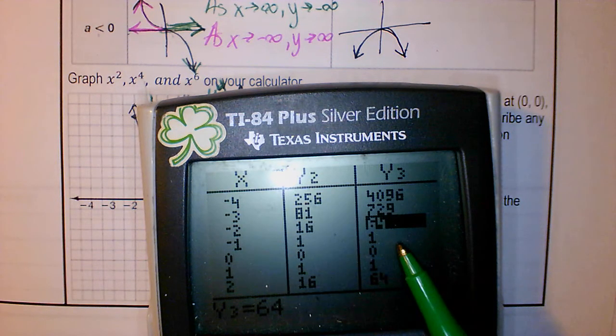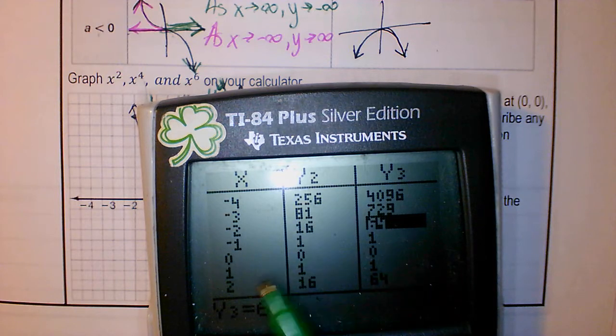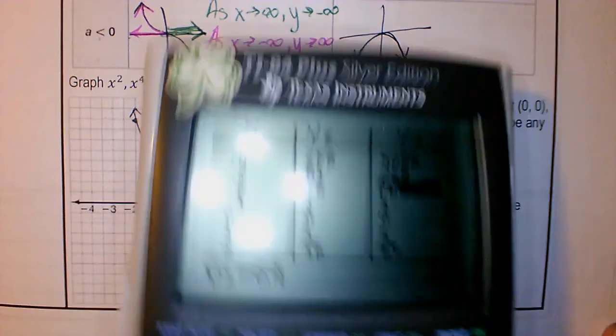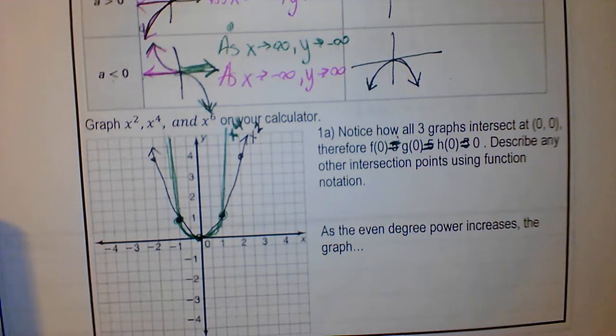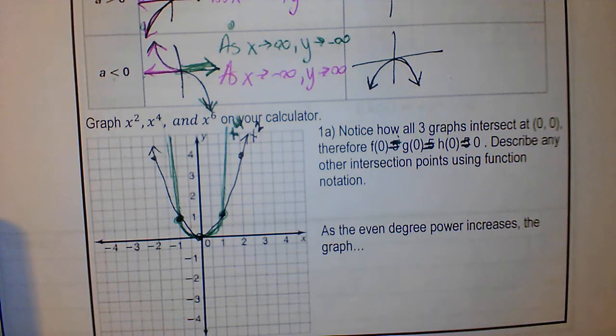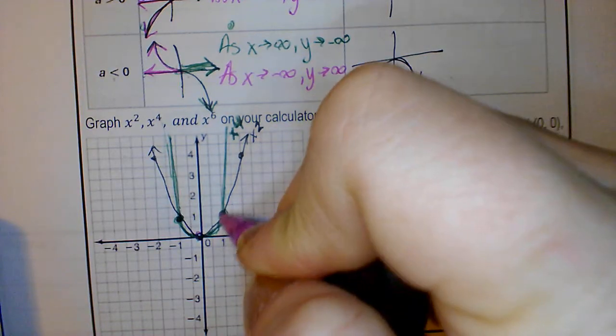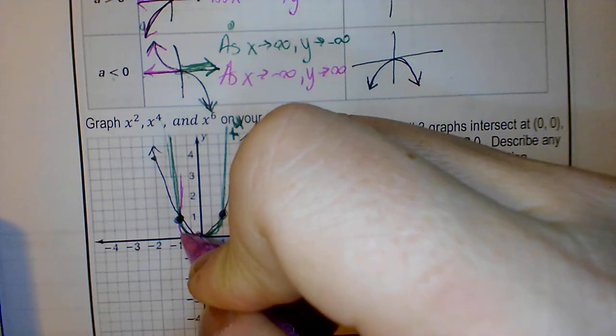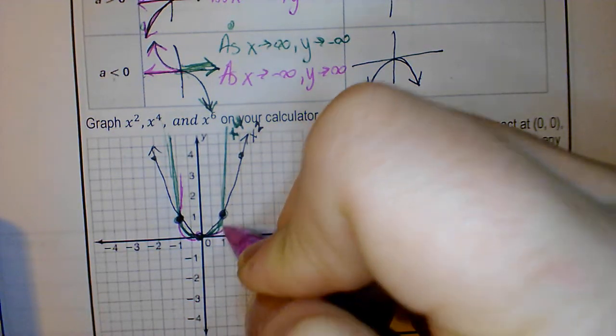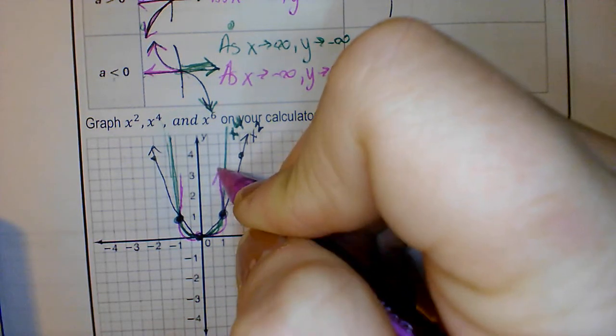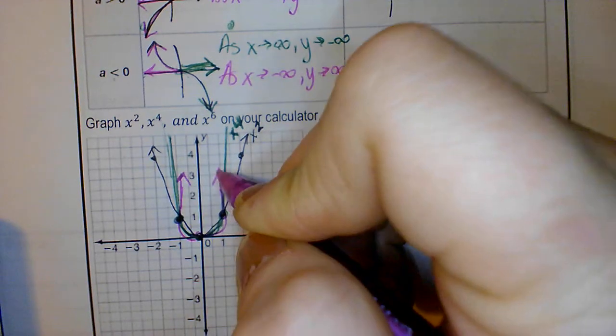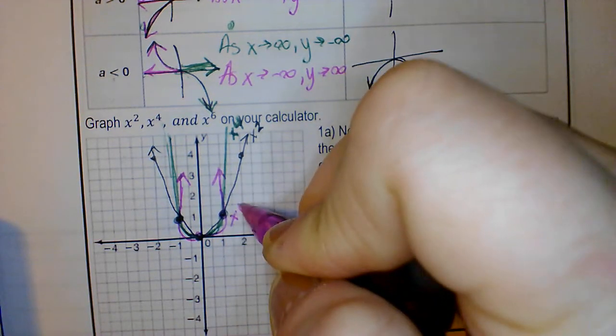But notice we still have negative 1, 1, 0, 0, and 1, negative 1. So I'm going to go ahead and graph those 3 points. And then I know that, yes, the next point is way off the graph, but that means it's getting steeper faster. And that's x to the 6.